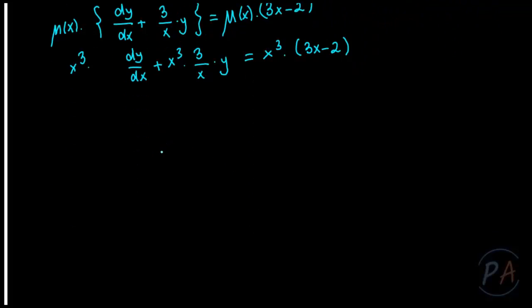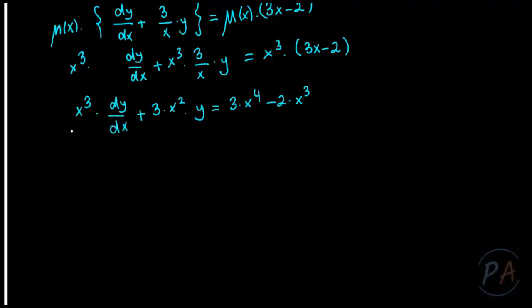When I rearrange the equation, I write x cubed times dy over dx plus 3 times x squared times y equals 3 times x to the power 4 minus 2x cubed. Now let me check the left hand side of the equation.